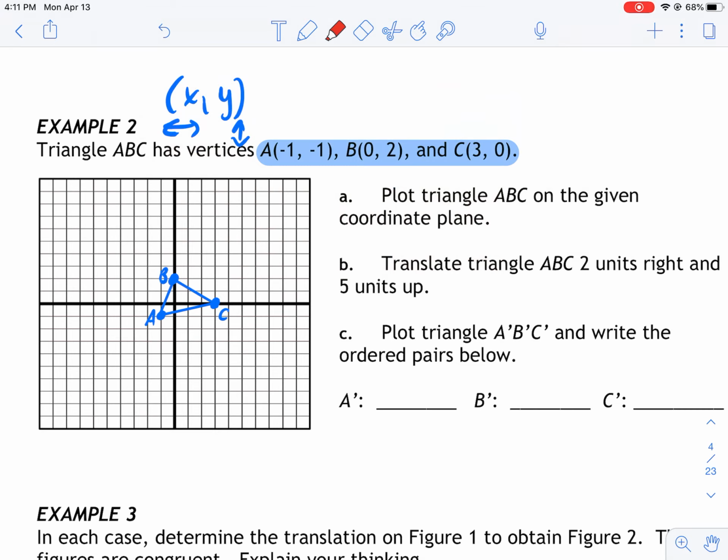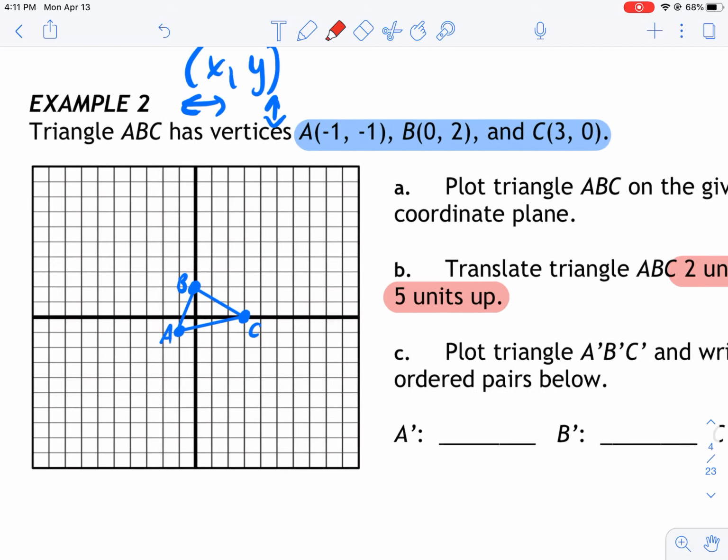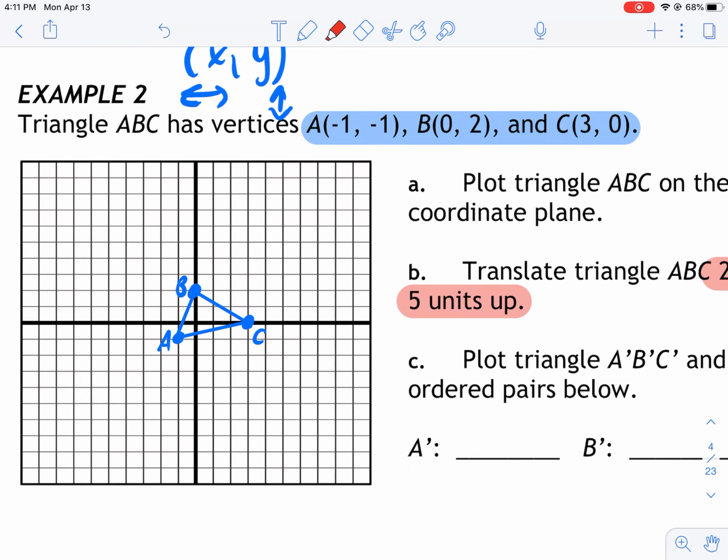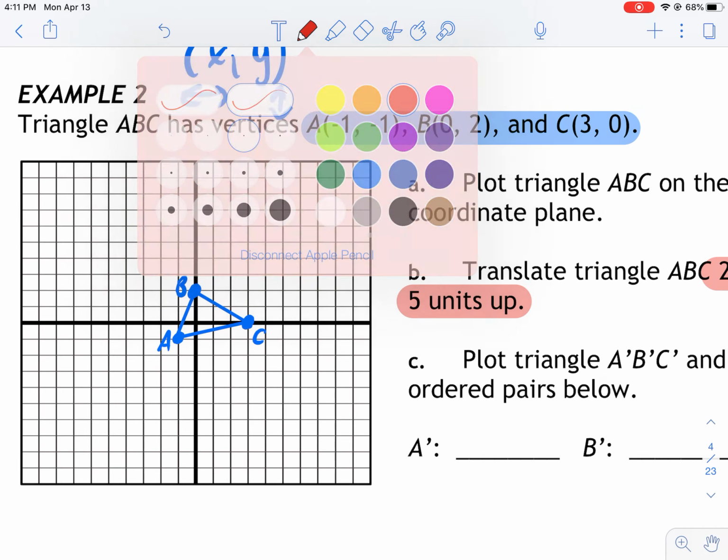Now we're going to perform the translation: 2 units right and 5 units up. So I'm going to take every point and go 2 units right and 5 units up. We're going to start with A. So 2 units right, whoops, I'm going to switch to the pen.